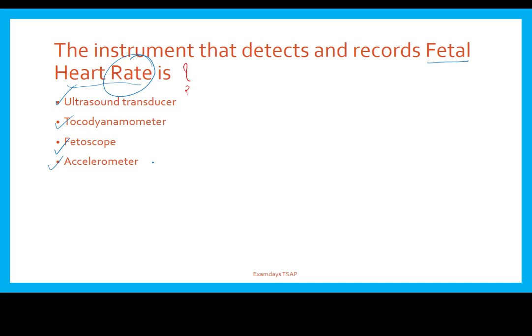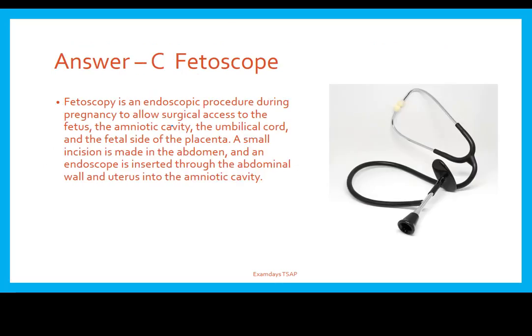The correct answer is option C, fetoscope, where the fetoscope is an endoscopic procedure during pregnancy to allow surgical access to the fetus, the amniotic cavity, the umbilical cord, and the fetal side of the placenta.